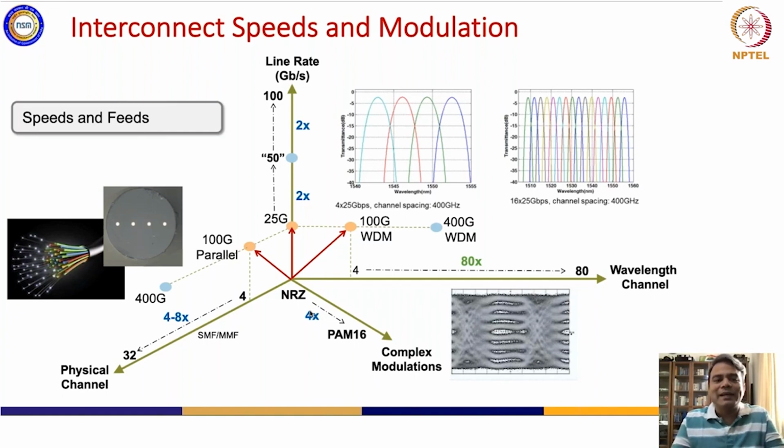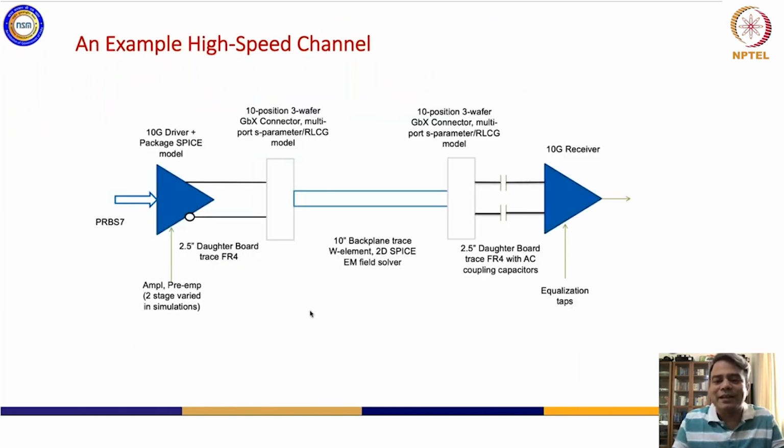Let's look at a standard high-speed channel between a transmitting element and a receiving element. That means between server 1 and server 2. Whatever is there inside the server, it's a black box. So this triangle is the transmitter. It represents that black box. It goes into a connector. The connector goes into a channel.